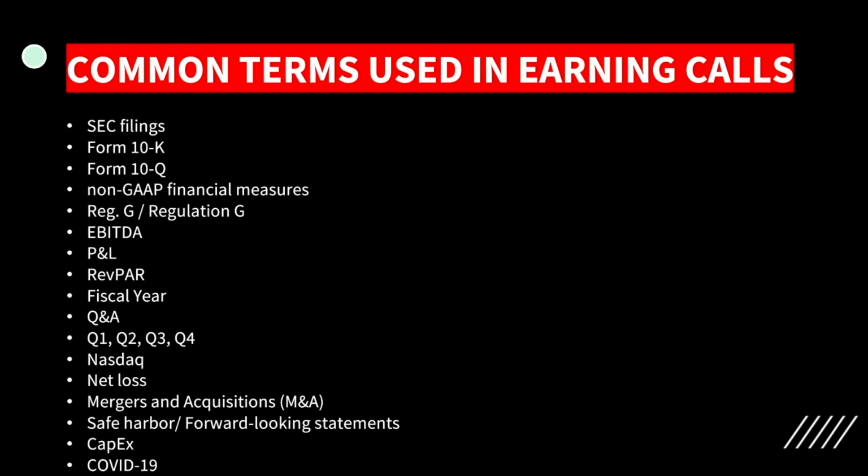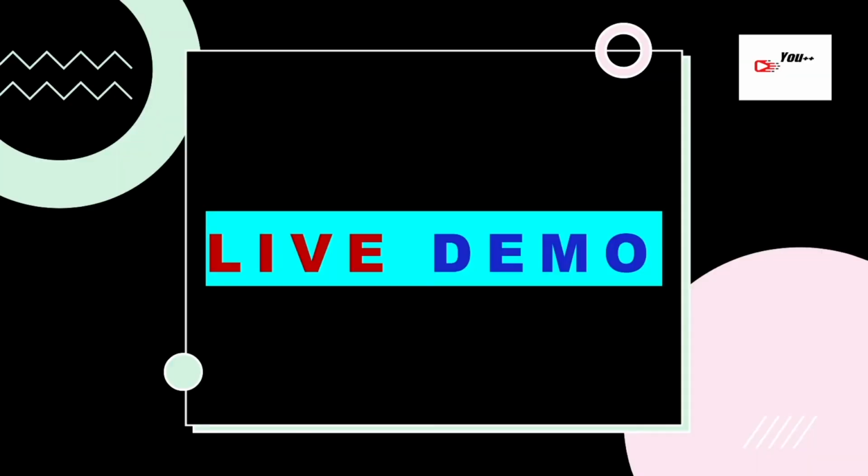These words such as Form 10K, Form 10Q, non-GAAP financial measures, EBITDA, P&L, Q&A, net loss. Make sure that you write them the same way they are written here on the screen. So having gone through the TraX earnings calls corrector guidelines, now it's time for me to show you the live demo of what you should expect or what you should do when working on this platform.